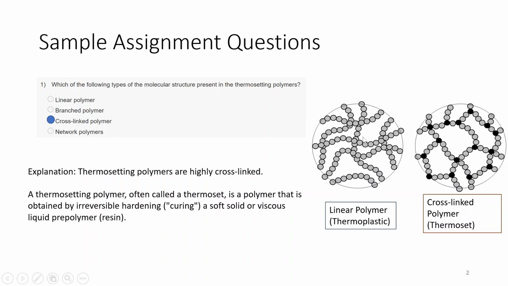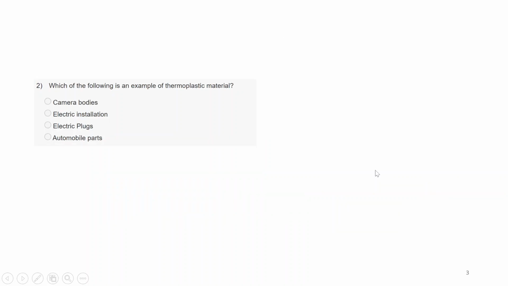In the case of thermoplastics, there are linear polymers, and in the case of cross-linked materials, we have thermoset type of material. Because of the formation of these cross-links, your material can't be reformed. While thermoplastic materials can be reheated and formed into other shapes multiple times, so these are highly recyclable.